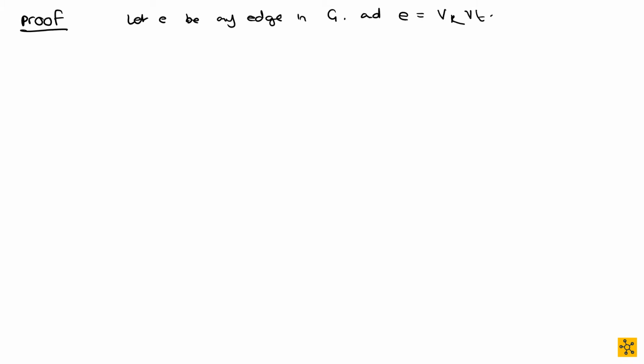I know that looks like an R, but that is a VK. Again, we're just giving arbitrary placeholder names to help us explain to the reader what exactly is going on. For a proof, we want to show the general case, in other words, not a specific example, but any graph that fits these properties.